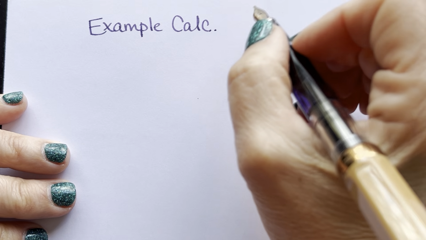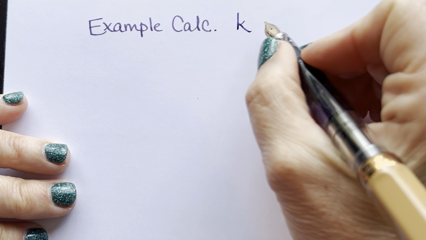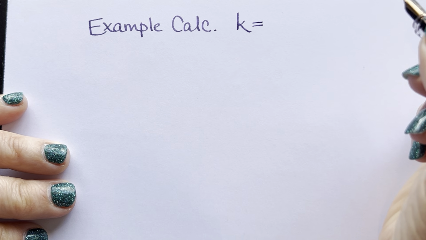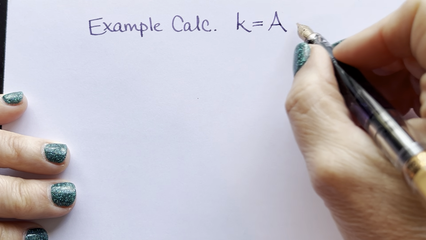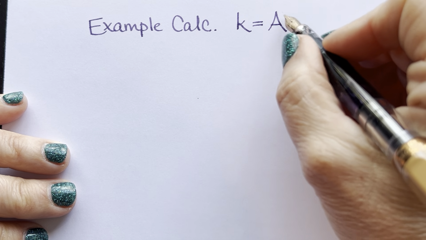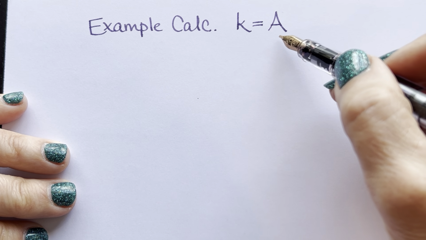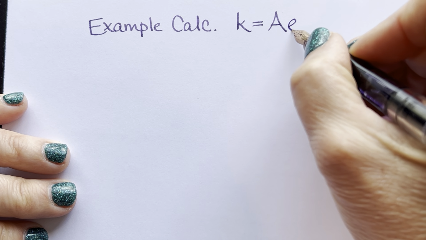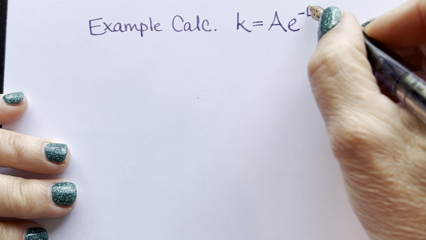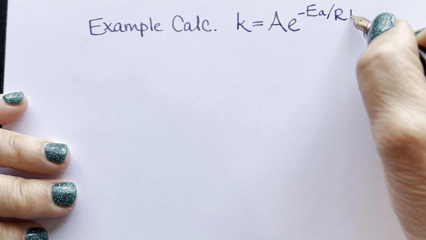I'll write out the Arrhenius equation so we have it handy. I almost started writing Arrhenius, but it's the frequency factor. I'm guessing that this frequency factor was named after Arrhenius. I don't really know, just speculating. All right, there's our activation energy, gas constant, temperature.